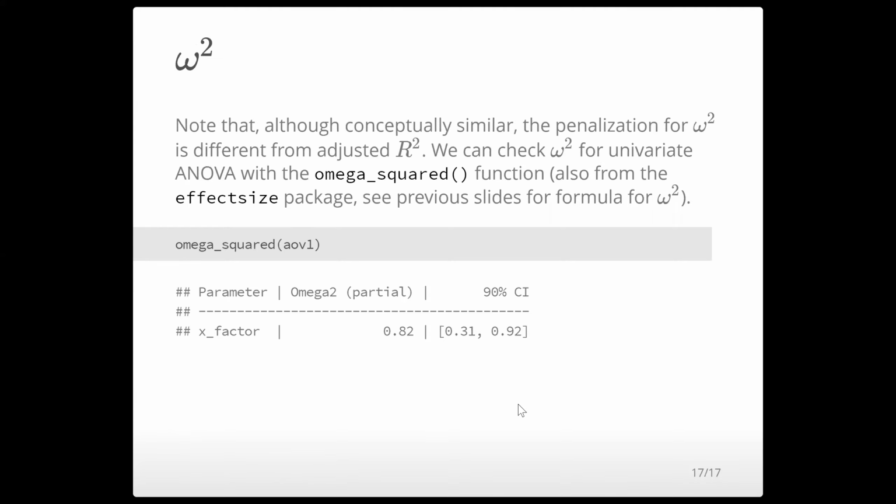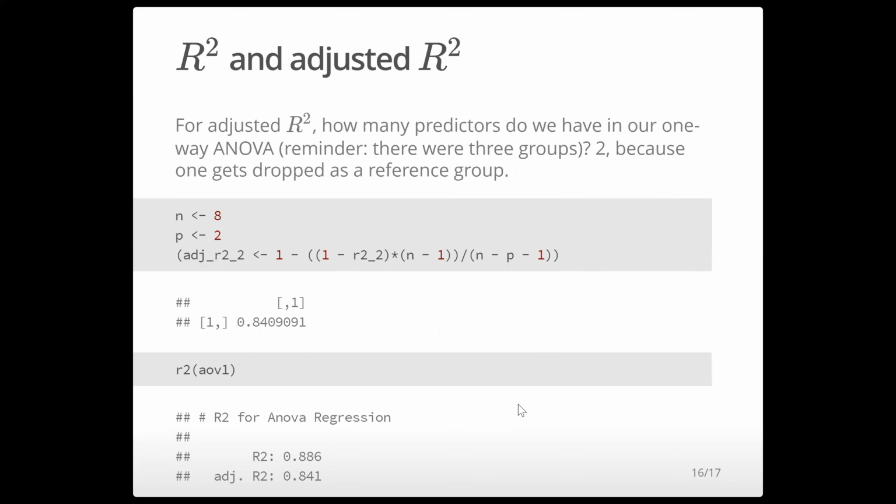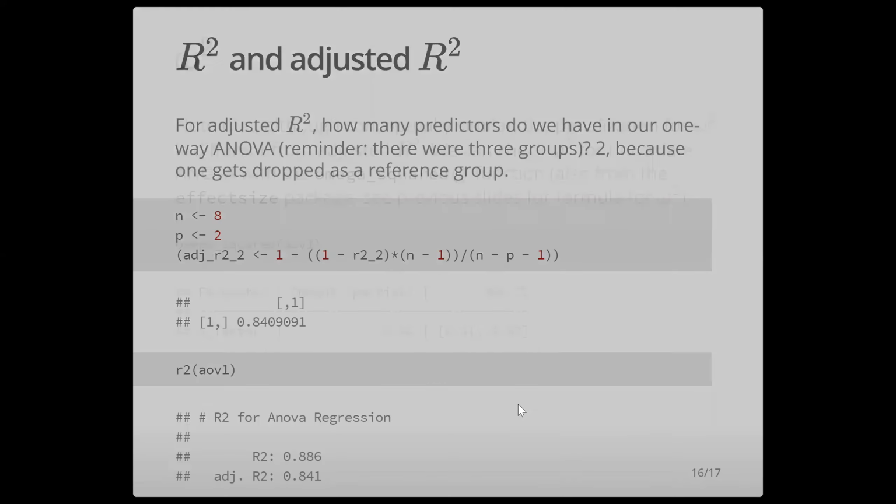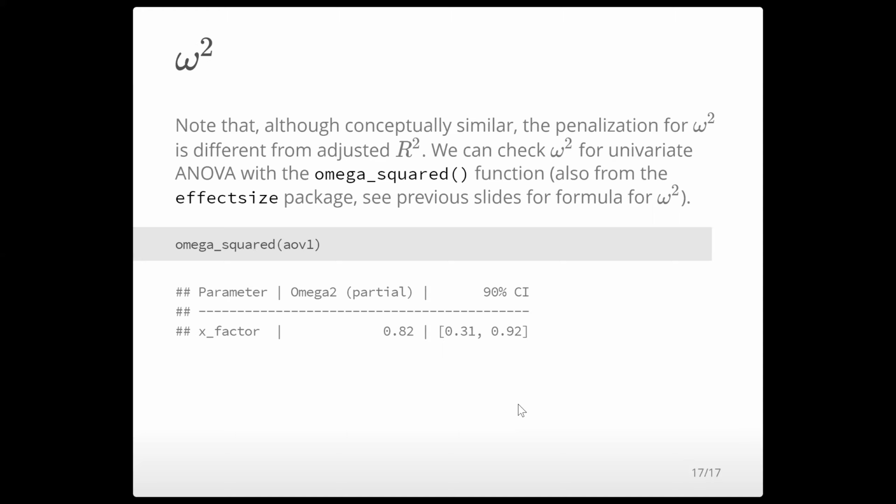We can see it's actually a little bit different, and our adjusted R squared here is slightly higher. So they're similar conceptual effect sizes, but they're doing something slightly different. We will talk a little bit more about what we can do with these effect sizes in the next slides, and then also get to multivariate multiple regression.